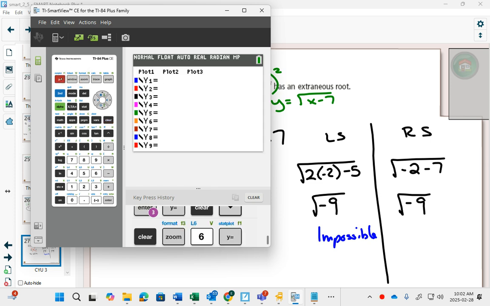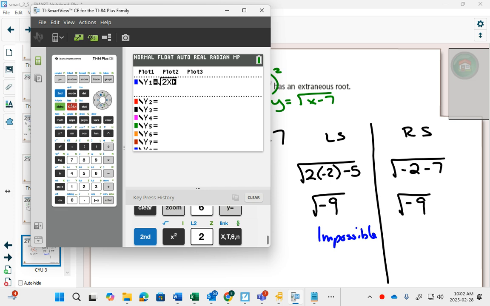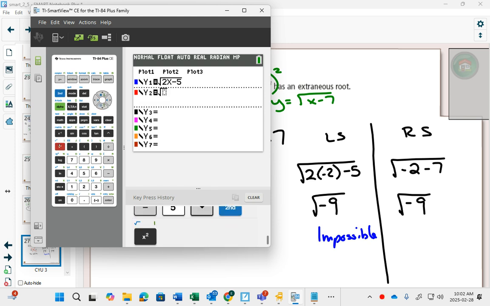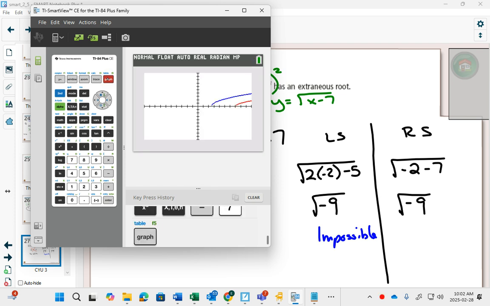Okay. So I'm going to go to my calculator and I'm going to write the square root of 2x minus 5, because that was our one equation, into the blue one. And into the red one, I'm going to do the square root of x minus 7. And I'm going to hit graph, and it's going to graph the blue one and the red one.